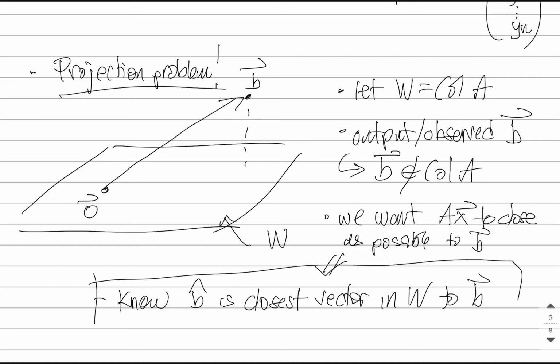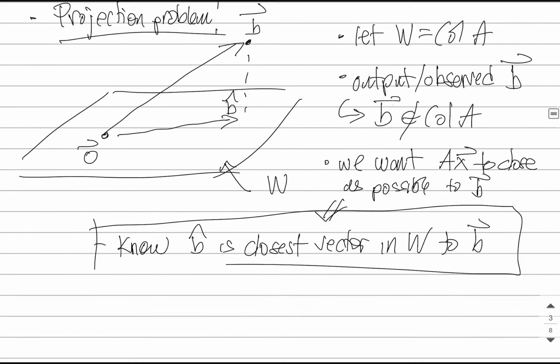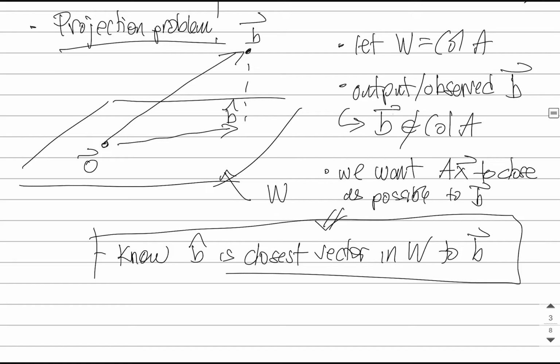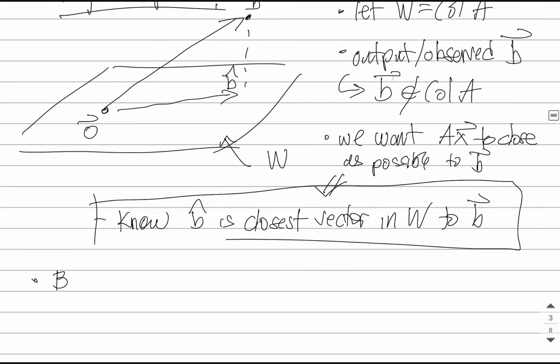That's the point. We already know that this projection, the orthogonal projection, is the best we can do. If we are limited to being in this plane, b hat is the vector that will do the best job. So the best approximation to b is this thing b hat. And we can think of it as saying b hat is just some linear combination of all of those columns of A that we've got here.